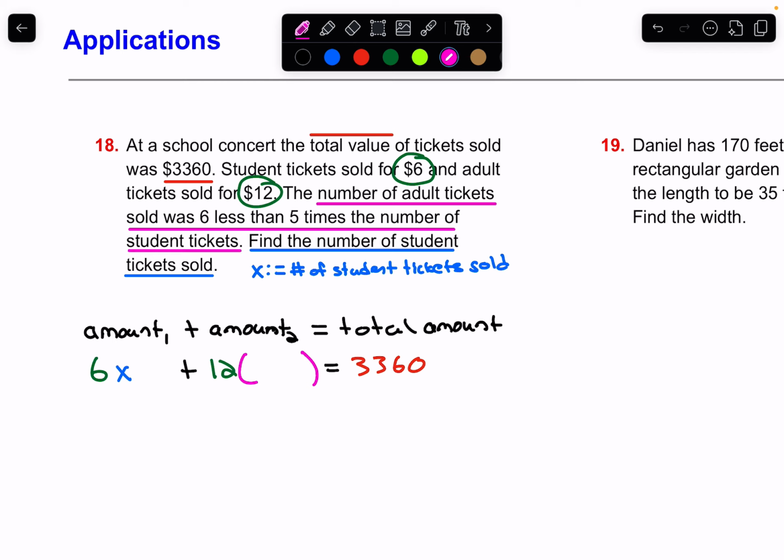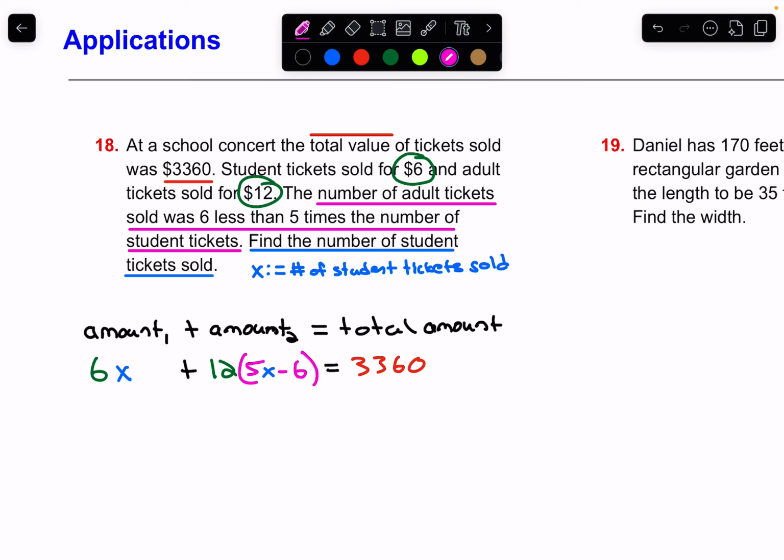Well, 5 times the number of student tickets, that's 5 multiplied by x. And how do we do 6 less than that? Well, subtract 6. So 6x plus 12 times 5x minus 6 will give us the total, which is $3,360.